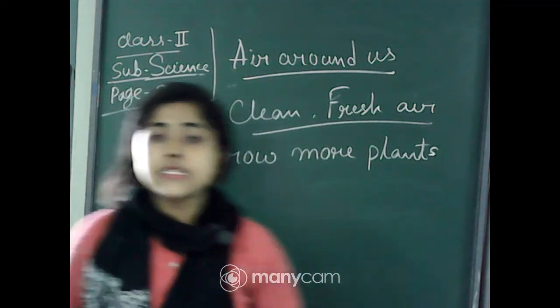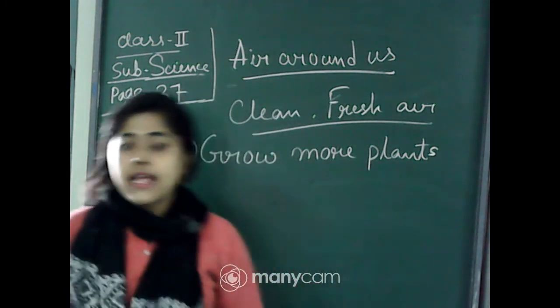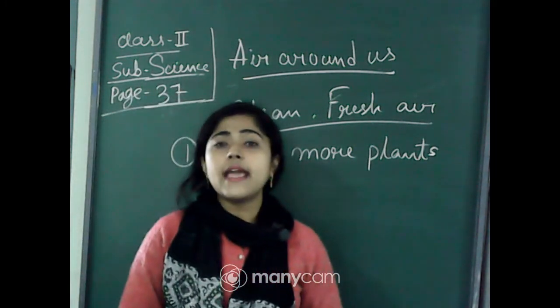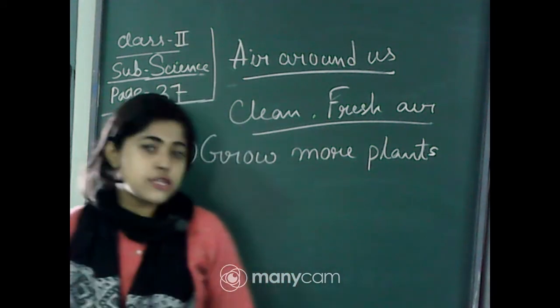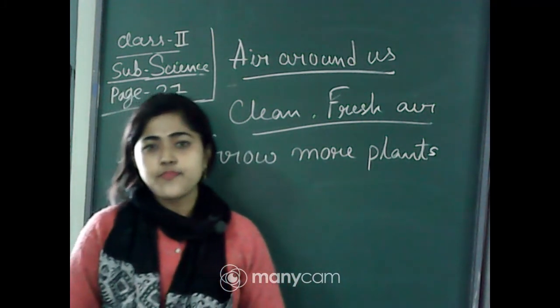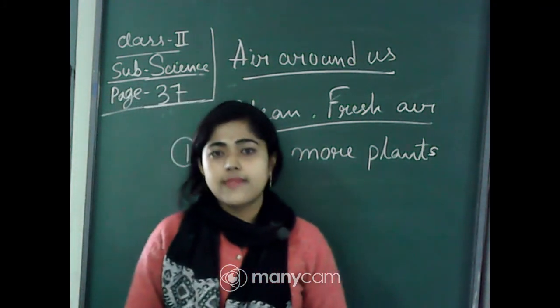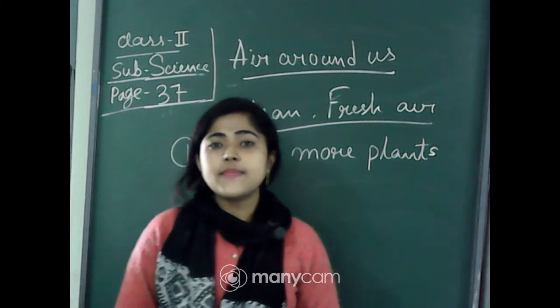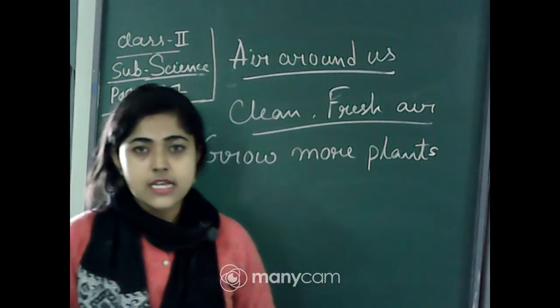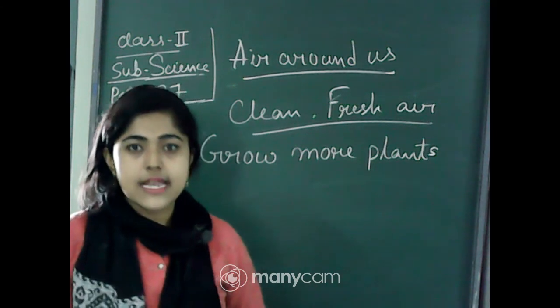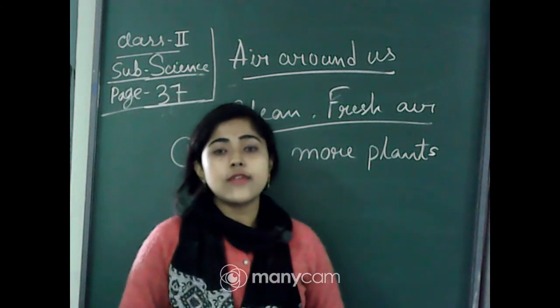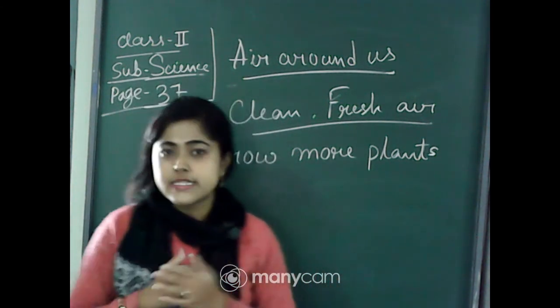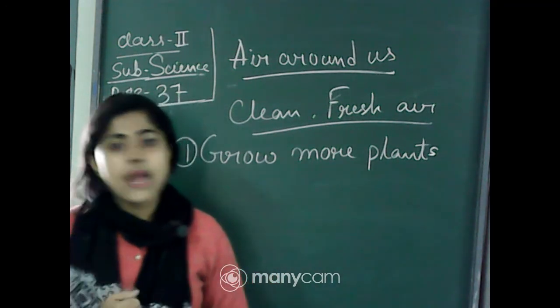Plants make our air clean because, as you know, plants make their own food. When plants make their own food, at that time they take carbon dioxide. As you know, when we breathe, we take in oxygen, right? And we release carbon dioxide.